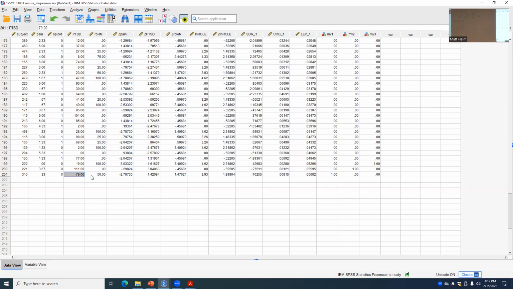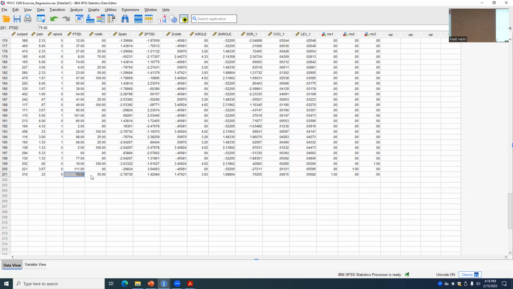So I've got someone with extraordinarily low levels of reported pain but above average levels of PTSD, which really doesn't make sense in this set, given that people with really low levels of pain will generally have lower levels of PTSD. So there's a weird thing going on, which is probably why this case is coming up, right?